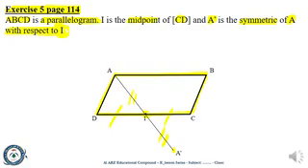So for now, I know that I is the midpoint of AA prime, I is the midpoint of DC, and ABCD is a parallelogram.